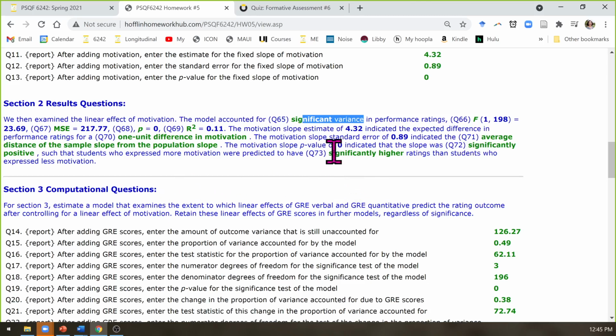And then the direction of the slope: if the slope is positive, then that means that higher ratings go with higher motivation. If the p-value for the slope is less than alpha of 0.05, then that is significant. So 2 by 2 sort of decision matrix for that. So any questions on section 2?